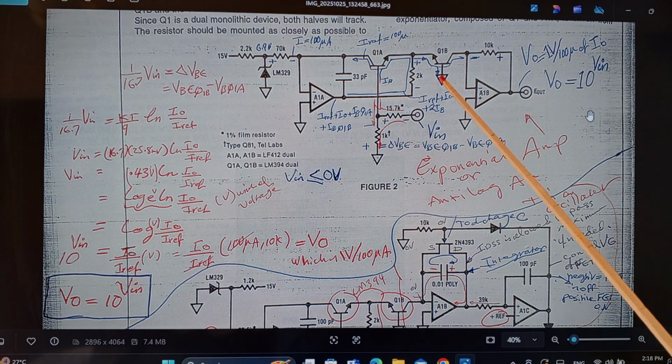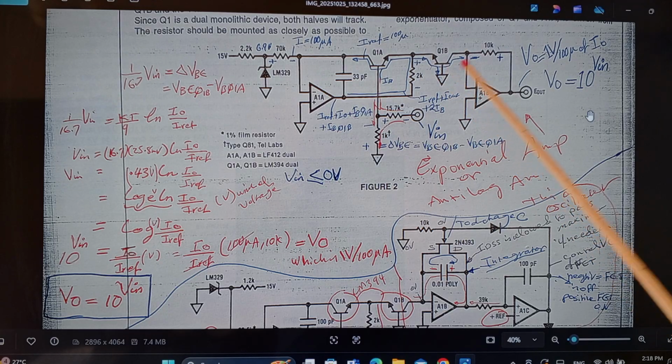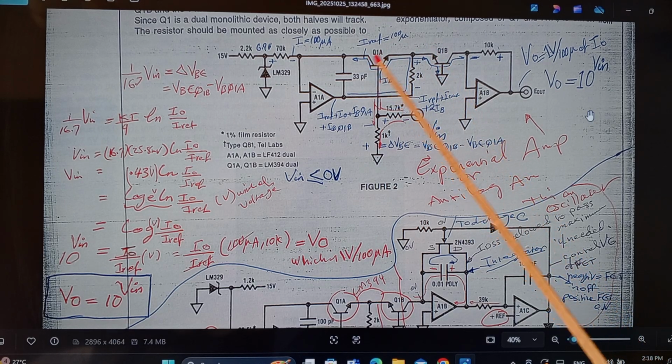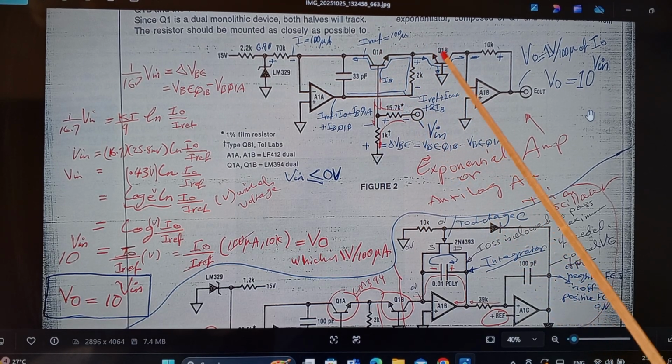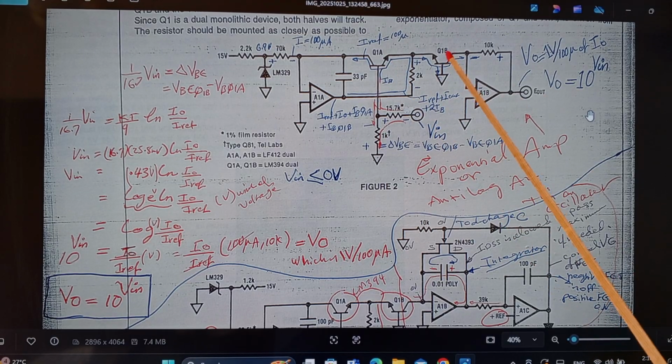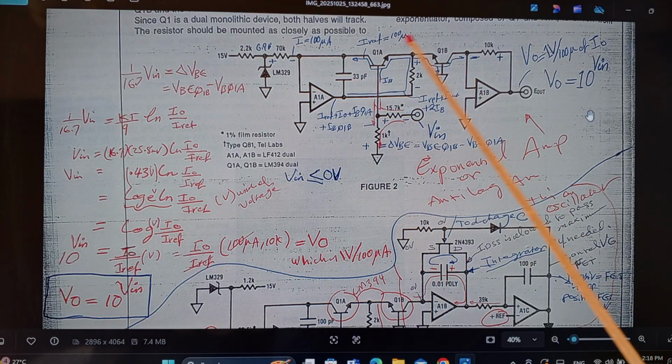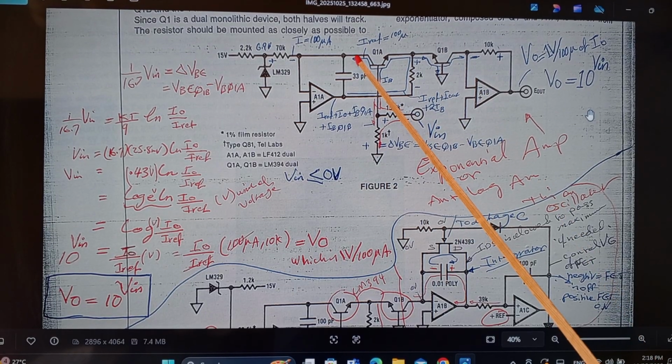Based on all the derivations that we made before, let me just repeat that equation once again: when you have a delta VBE between two transistors, matched pair by the way, of 60 millivolts, this current will be 10 times that IC over there for the I reference.